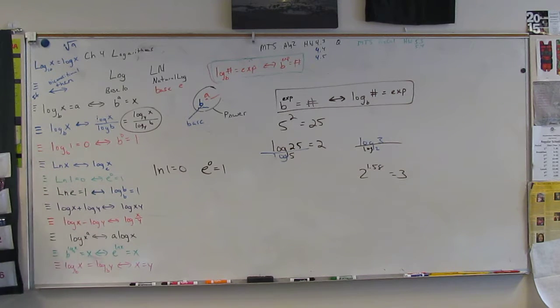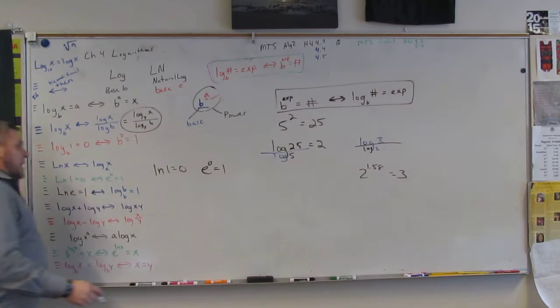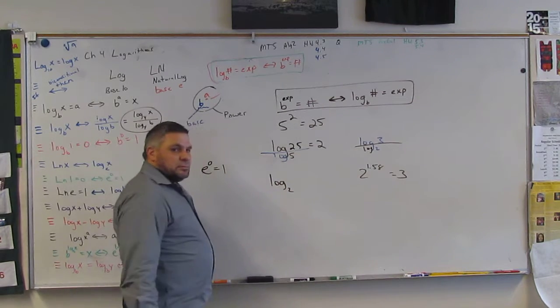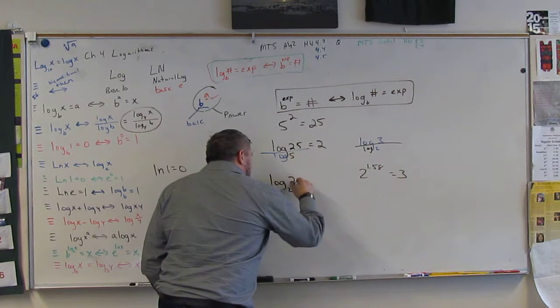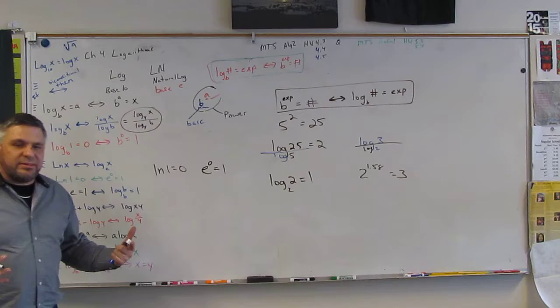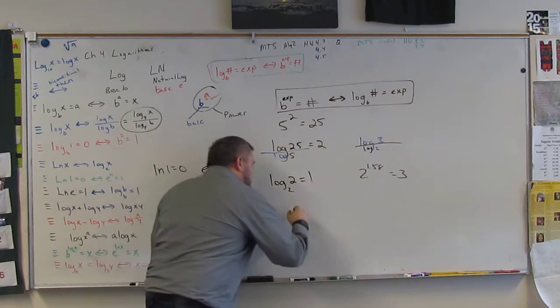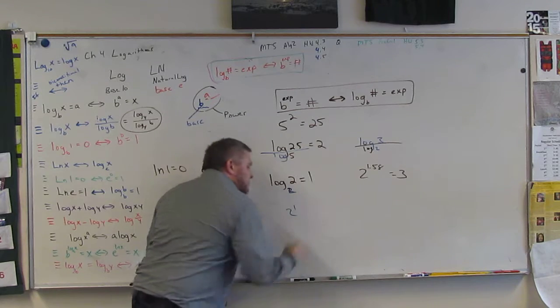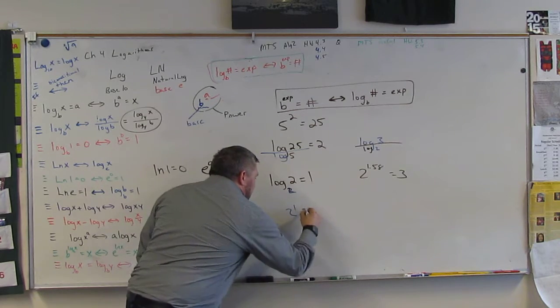Okay? As we go forward, then we also want to talk about identity. If I say the log base 2 of 2 is equal to 1, what am I saying there? I'm saying that 2 to the 1 is equal to what?